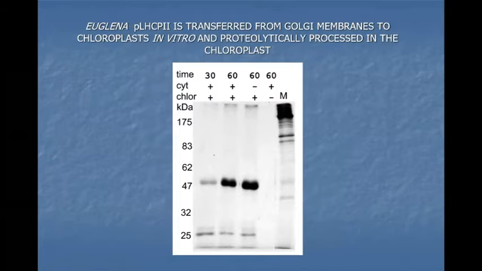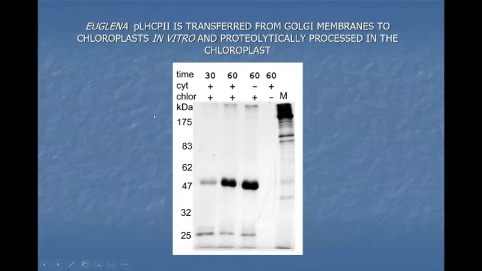So now what we tried to do is analyze the different parts in vitro systems. So here what we've done is we've isolated Golgi membranes that have been post-labeled so that we could immunoprecipitate our CP2, and here's the membrane fraction. The Euglena precursors are polyproteins. We've shown that the protease that processes them is in the chloroplast.